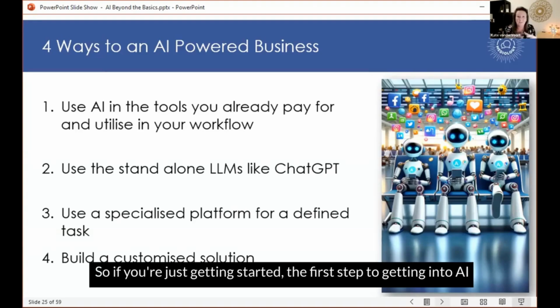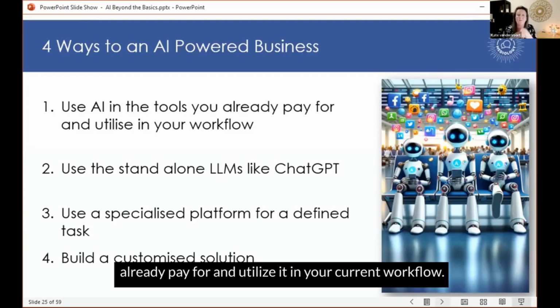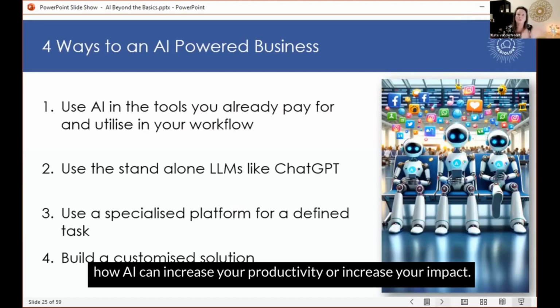So if you're just getting started, the first step to getting into AI and getting familiar with AI is to use it in the tools that you already pay for and utilize it in your current workflow. You want to look at every aspect of your business and look at how AI can increase your productivity or increase your impact.